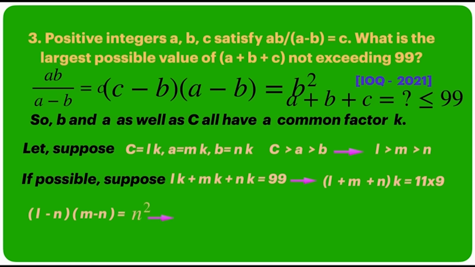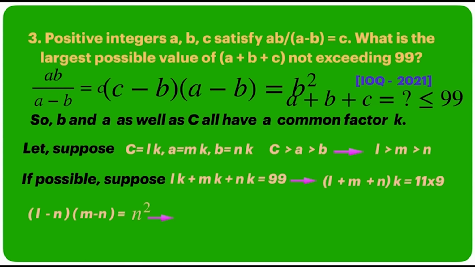That means if we put the values of c, b and a like Lk, Mk and Nk in the equation, then we get (L minus n) into (m minus n) equals n square, because taking k as common on both sides, left side and right side, we can write this equation like this: (L minus n) into (m minus n) is equal to n square.